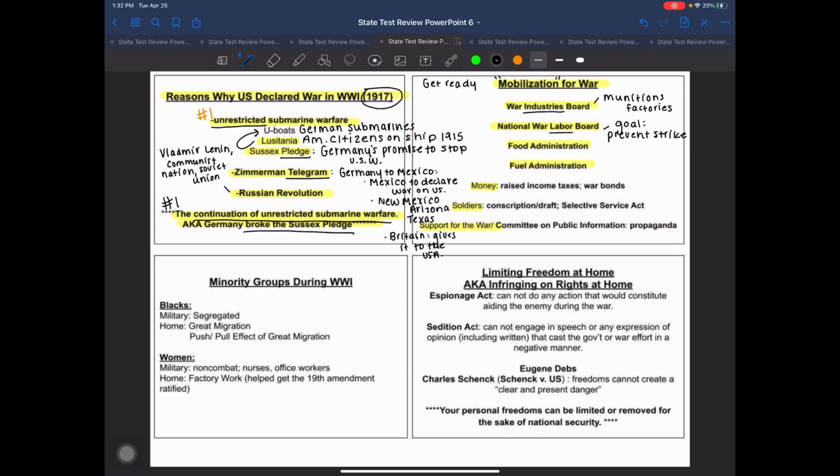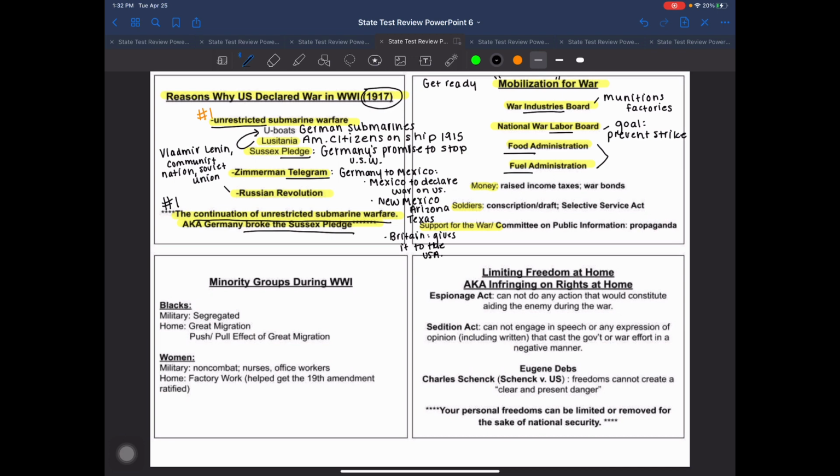And the names Food and Fuel Administration, they actually, again, give away what they focused on. But the big thing that they had to make sure of is that there was enough food and fuel for not only our people at home, but especially our soldiers that we're going to be sending into Europe.